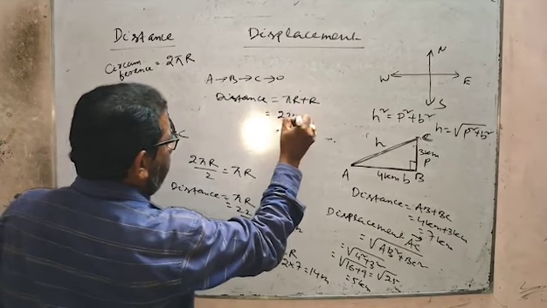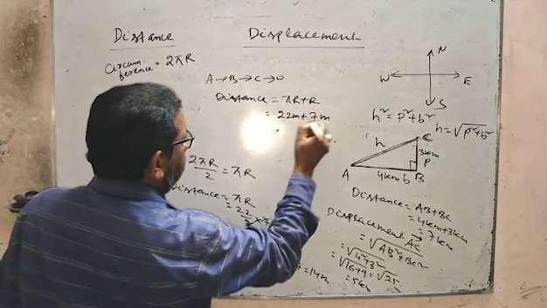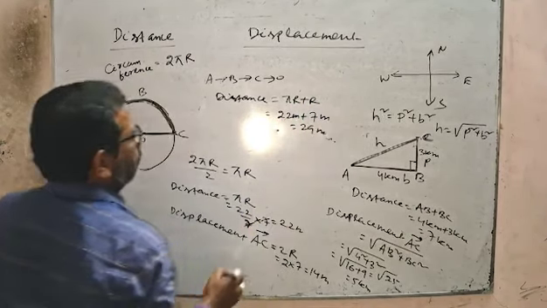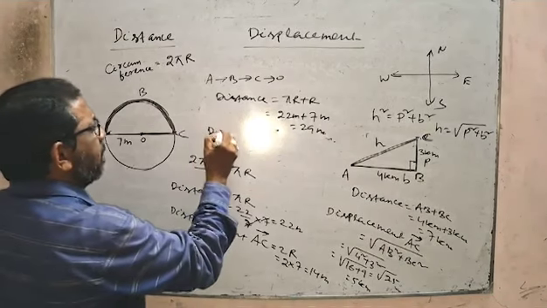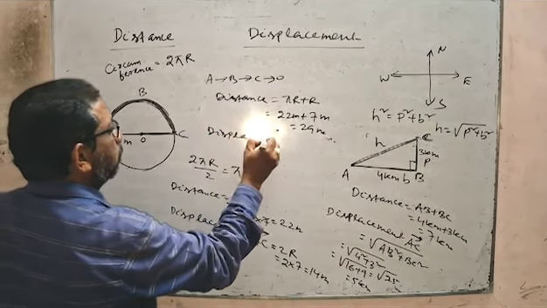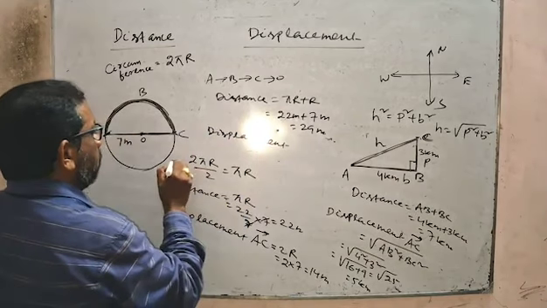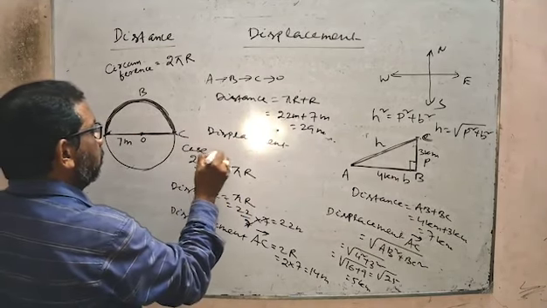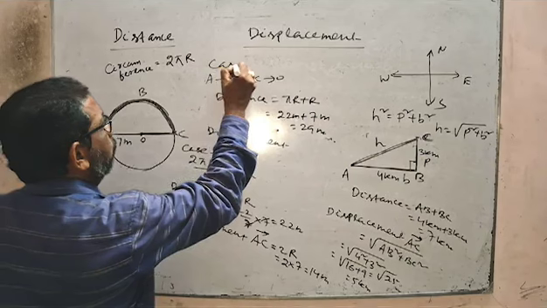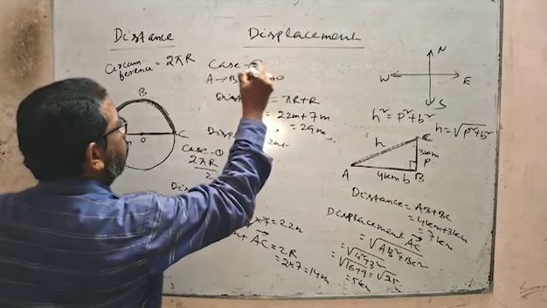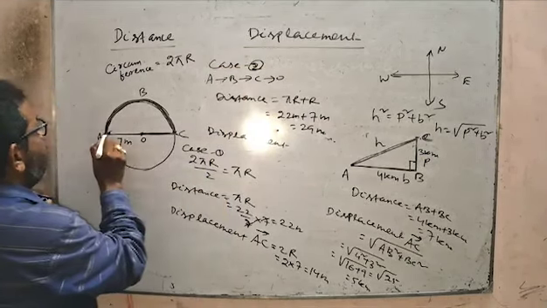Pi r is 22 meters, r is 7 meters, so 29 meters. This was case 1, and this is case 2. Displacement is A to O.